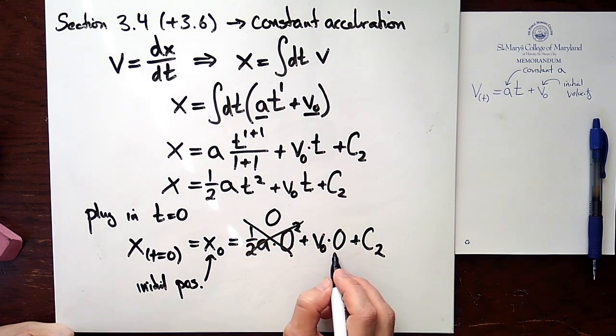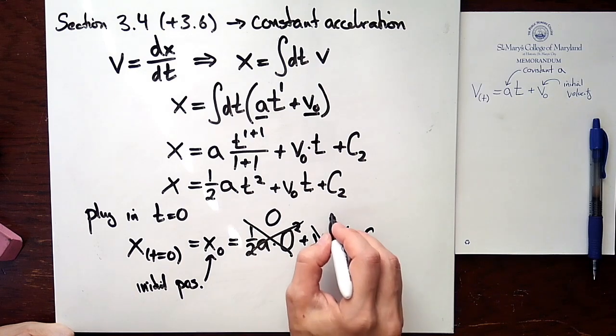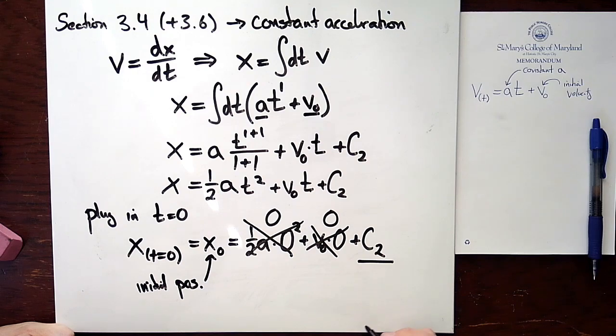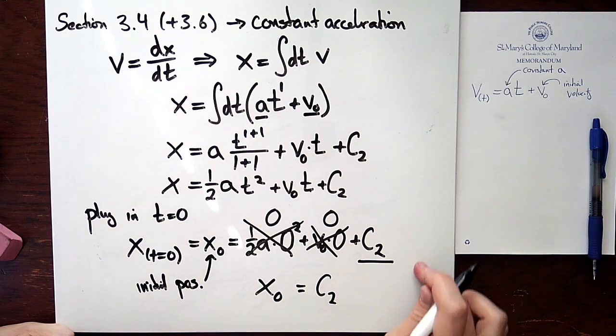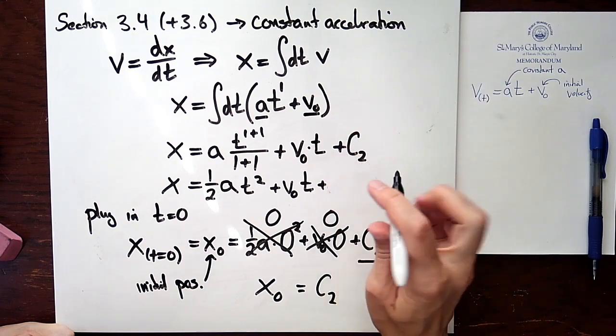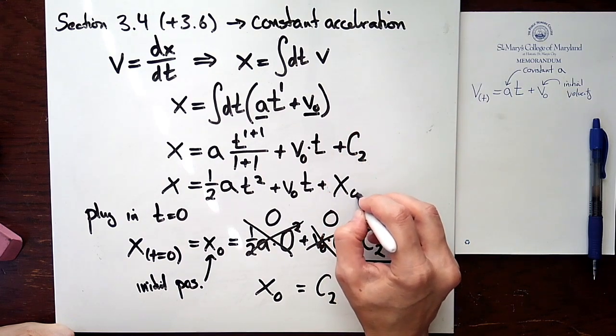And stuff times 0, anything times 0, that's also 0. So again, we're ending up with our unknown constant, c2, is equal to our initial position. So we can go back up here and erase c2 and replace it with initial position.